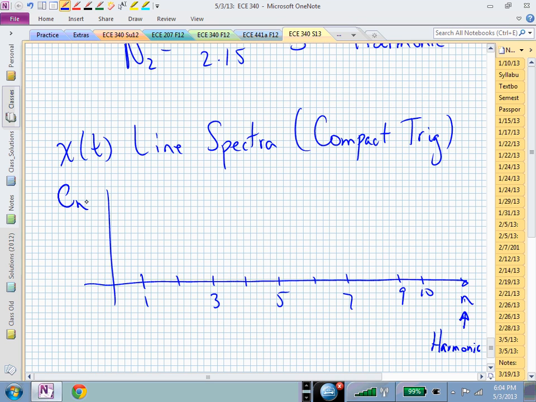This could be now C sub n. And what would you sketch here?